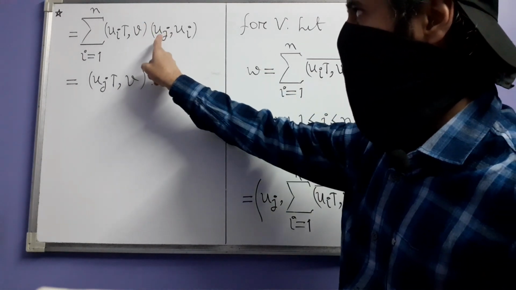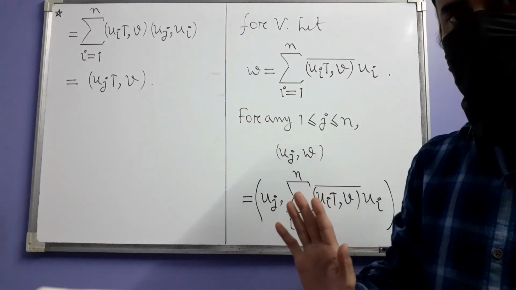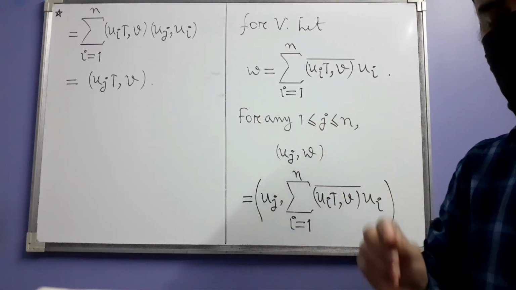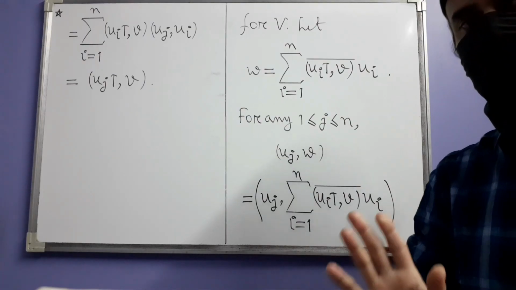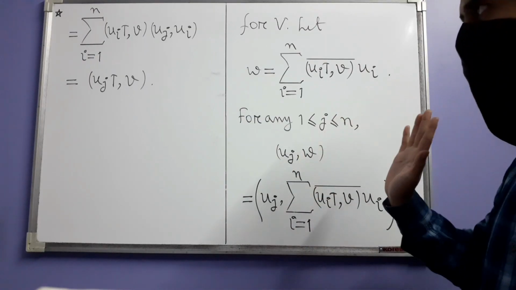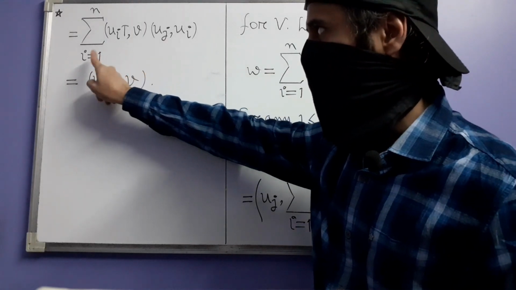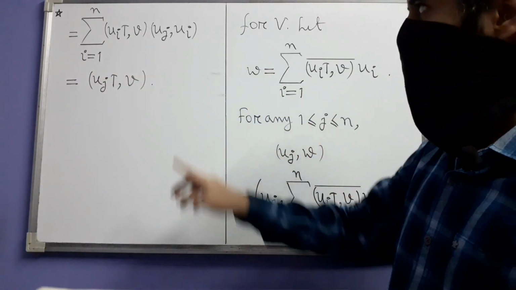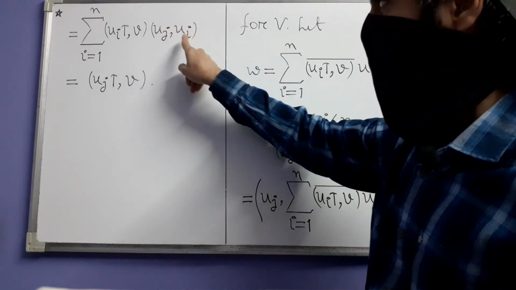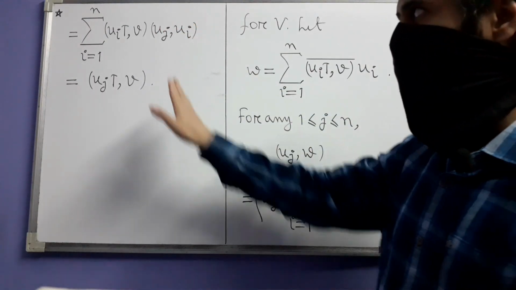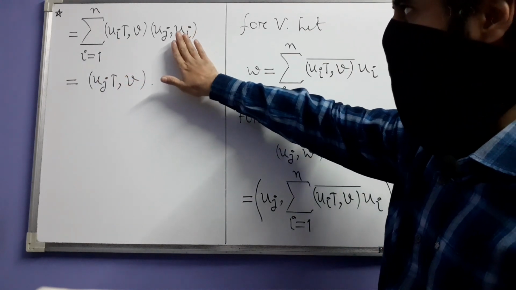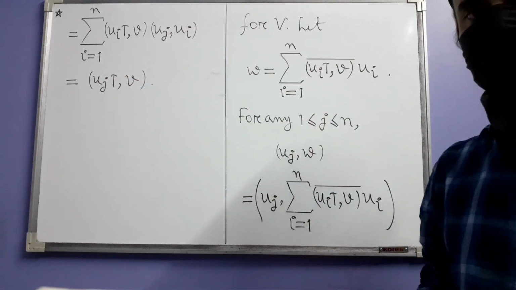Now in this sum, j is fixed. Actually, j is not fixed in the sense that j is not exactly just 1 or anything like that. But once you have chosen, j is fixed. So in this sum, i is varying but j is fixed. Now you look at these inner products as i varies. Of course, along with them you also have these things, but as i varies, what happens to this inner product?